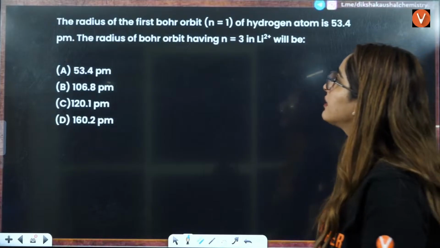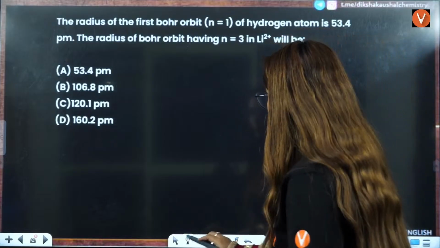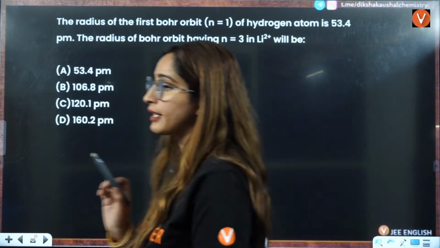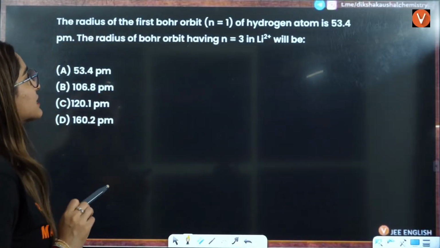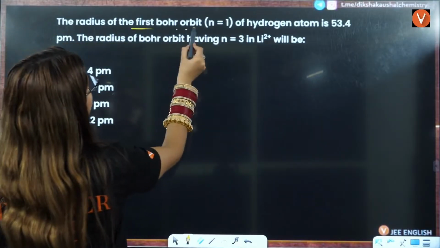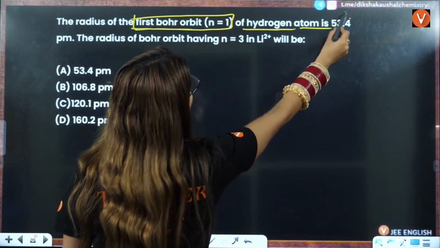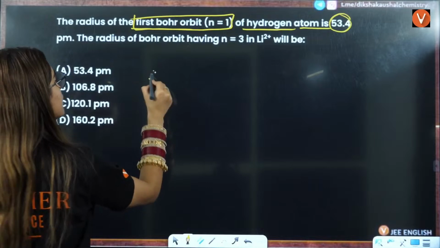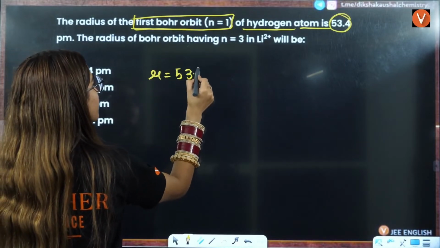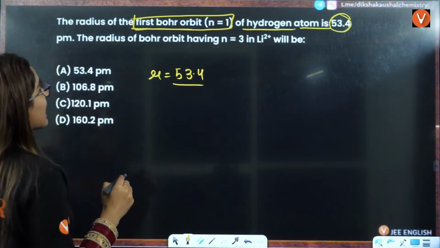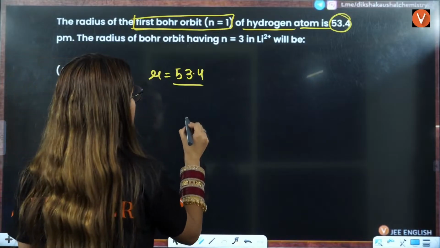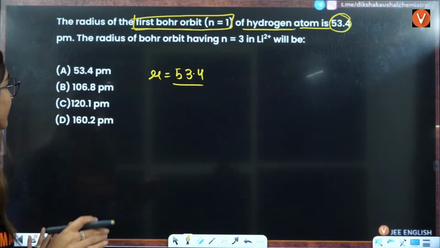The radius of first order orbit. So students, if you see this here, the radius of first order orbit, that is n equals 1, of hydrogen atom is 53.4 picometer. And the radius for n equals 3. So the simple thing is the radius formula.